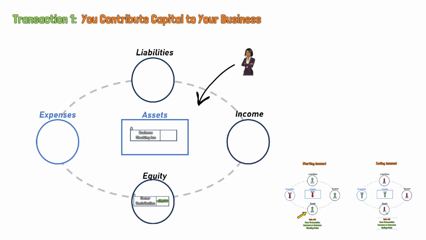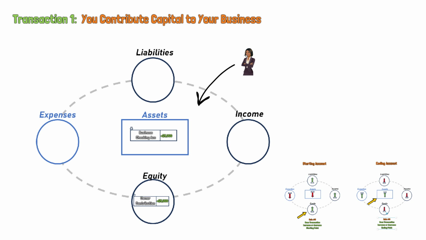So we move over here and add the transaction amount to the owner contribution account. Next, and once again, according to the cheat sheet, we see that the endpoint is an asset account and must also be increased by this transaction. So we move over to the business checking account and add the corresponding amount. And that's it. This transaction is fully entered into our bookkeeping system.